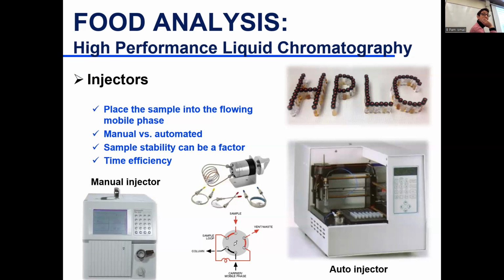Kevin? It usually has to do with your sample size. If you just need to test 1 sample a day, then you probably are just going to manually inject it. Students are lazy. Yeah. No. I'm lazy, so I would prefer auto injection over manual injection.